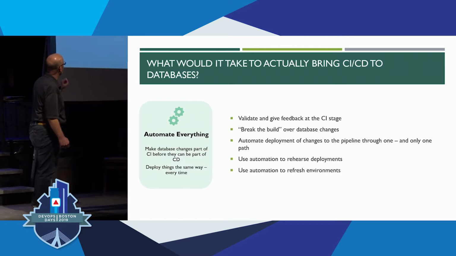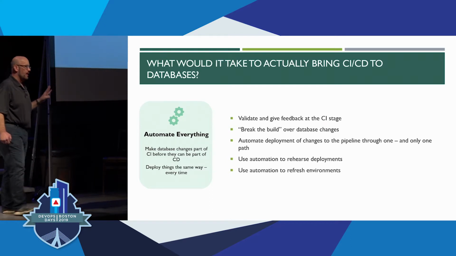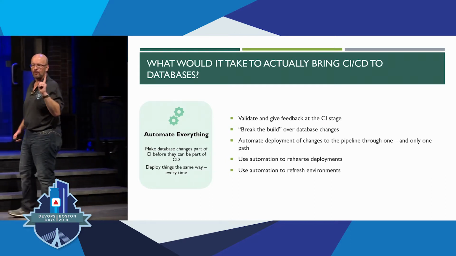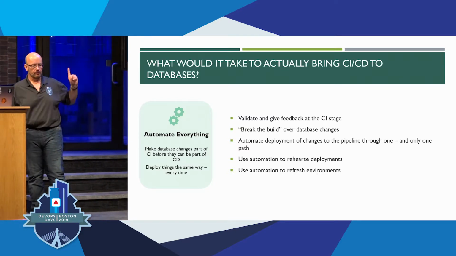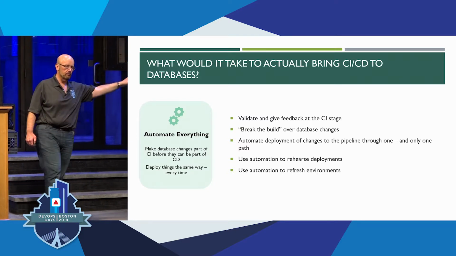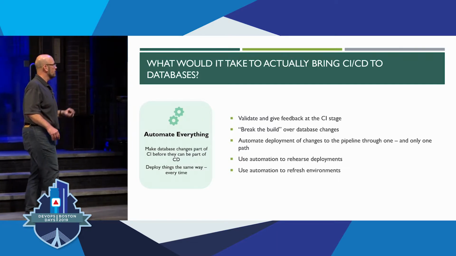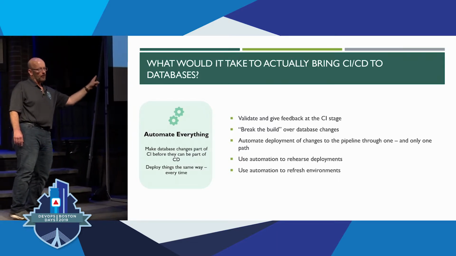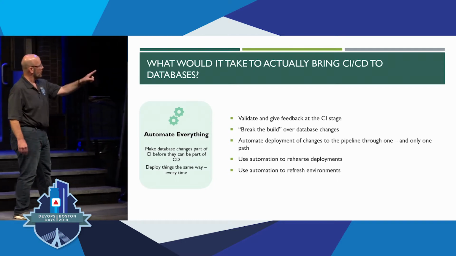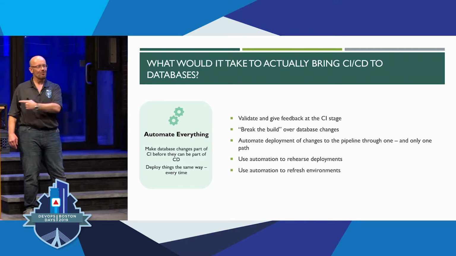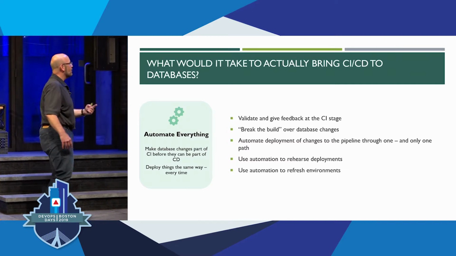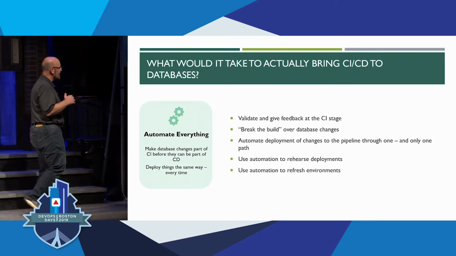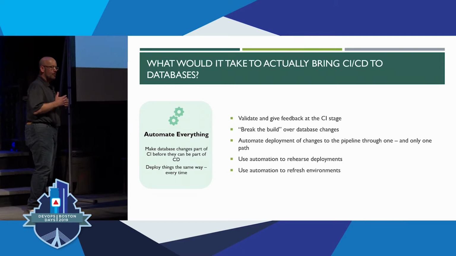And the last thing is, how do I use automation smartly so that I can refresh my environments? If I'm going to automate going left to right, we also have to worry about coming back the other way. The idea is that you can use automation to refresh the environments.